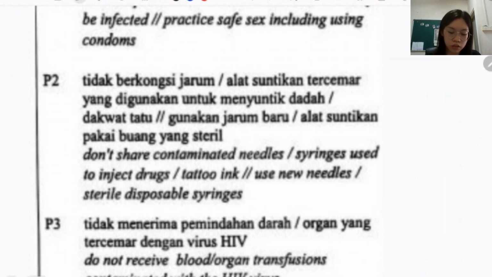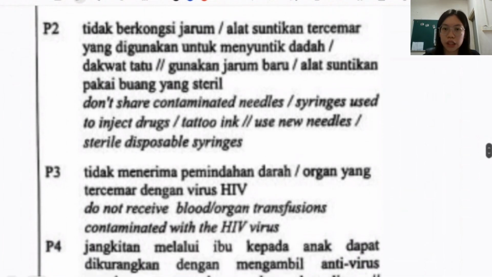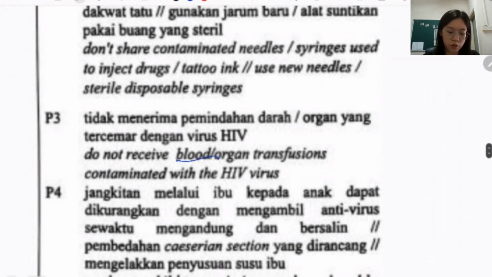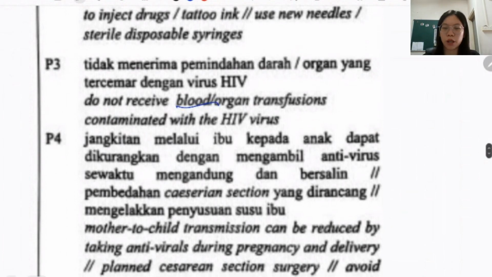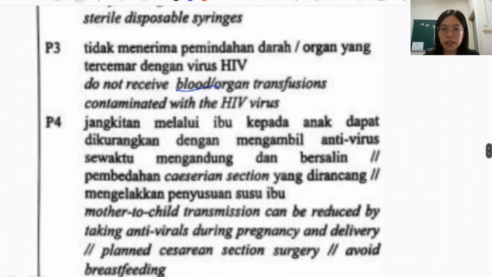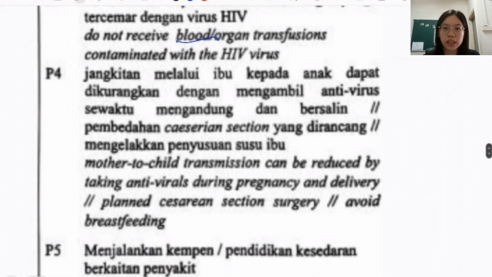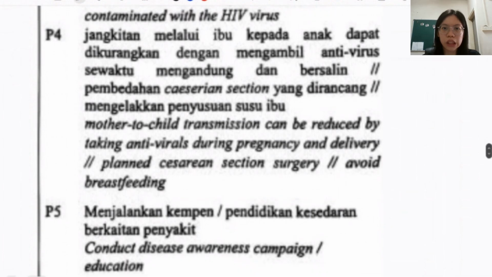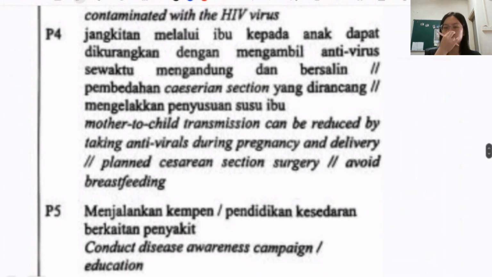So we can say avoid sharing needles, and do not receive blood contaminated with HIV, but normally they will check your blood for the virus. Not only those two, it can also be transmitted from mother to child.